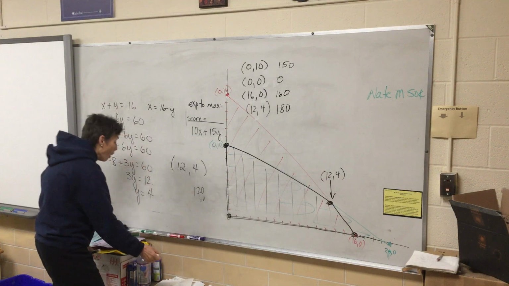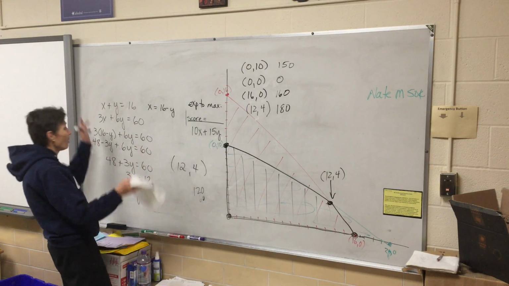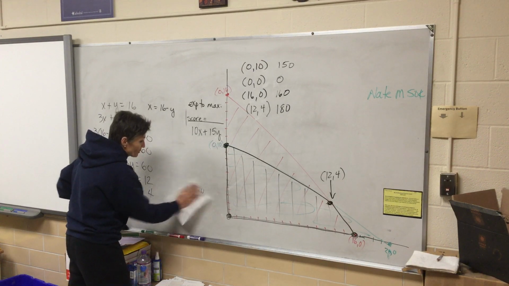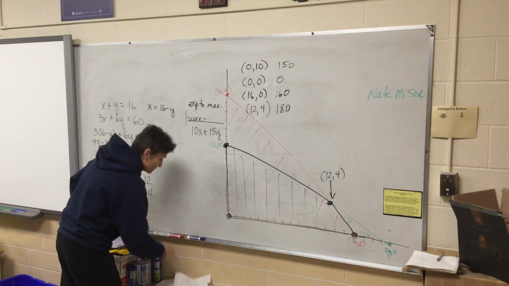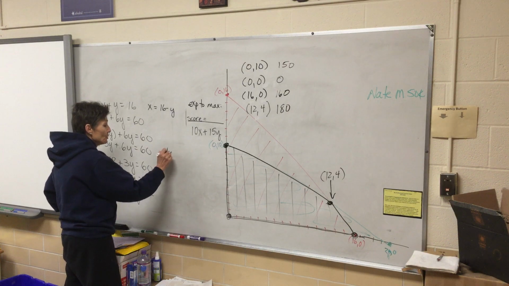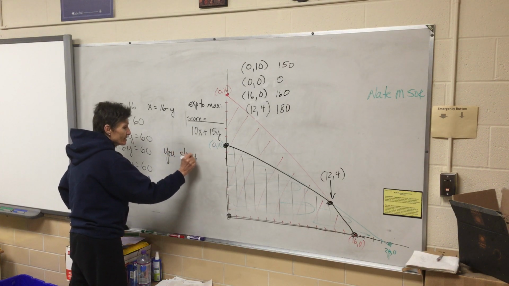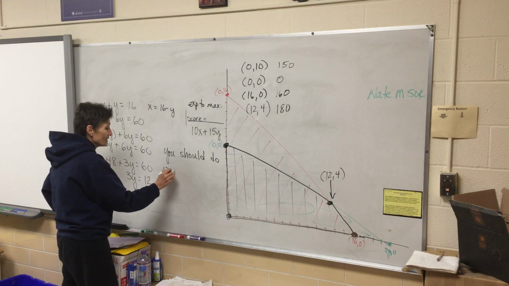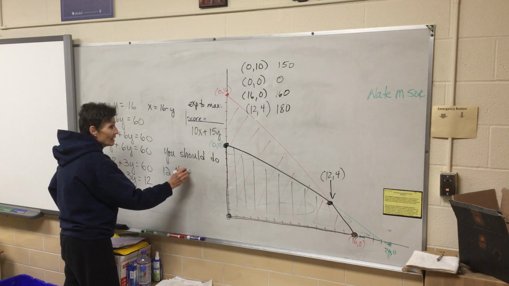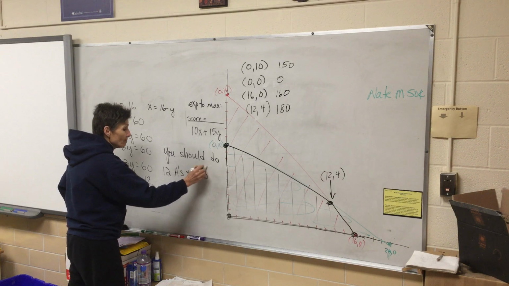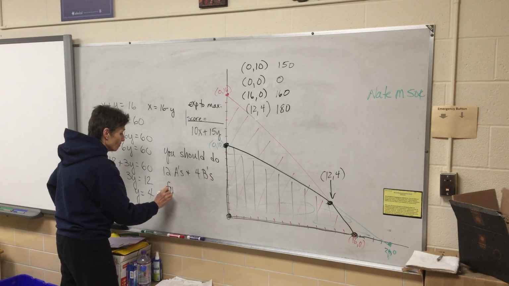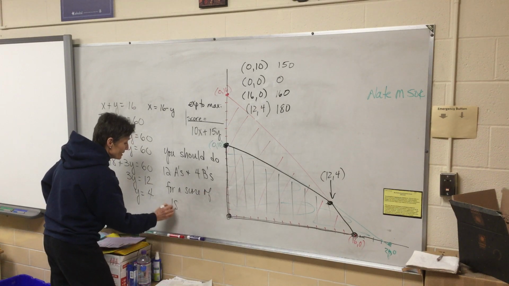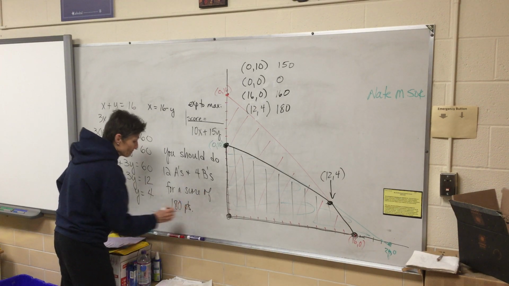So after all of that effort, all that stuff that we did, we now have our answer, and you're going to write out a sentence. You should do 12 A's and 4 B's for a score of 180 points.